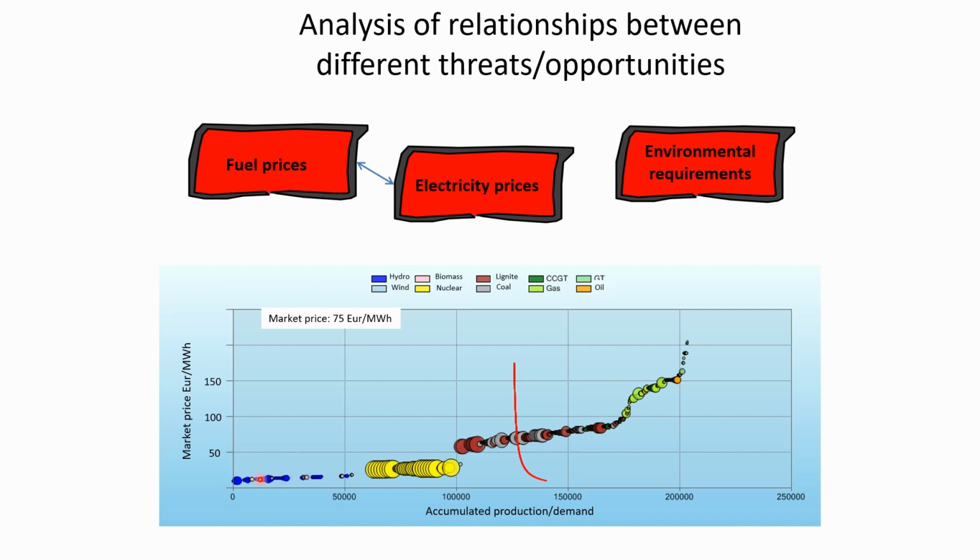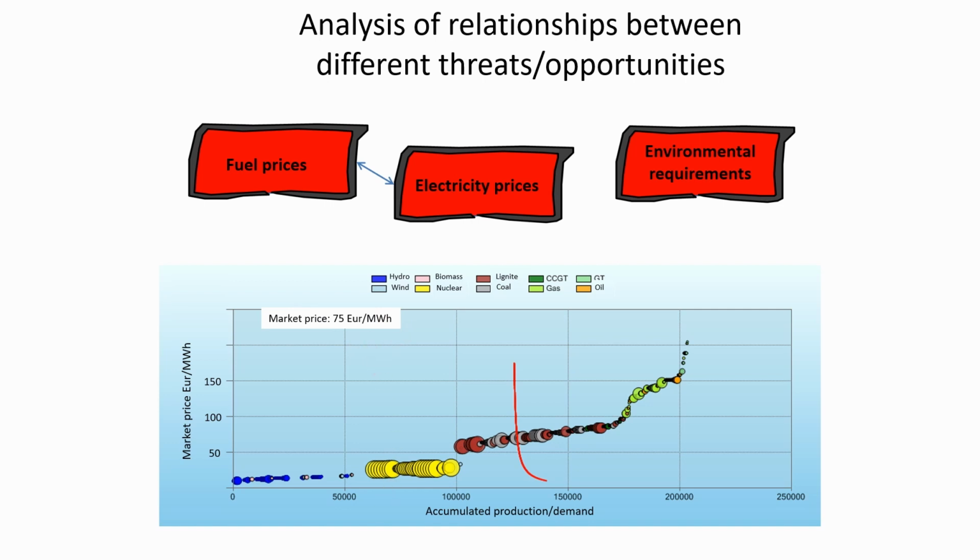Here we have hydropower plants and wind turbines. This is nuclear power plants. This is coal-fired units. This is gas-fired units and oil-fired units. In this case here, the intersection between the supply curve and the demand curve will give us a price here, a market price of 75 euros per megawatt hour.